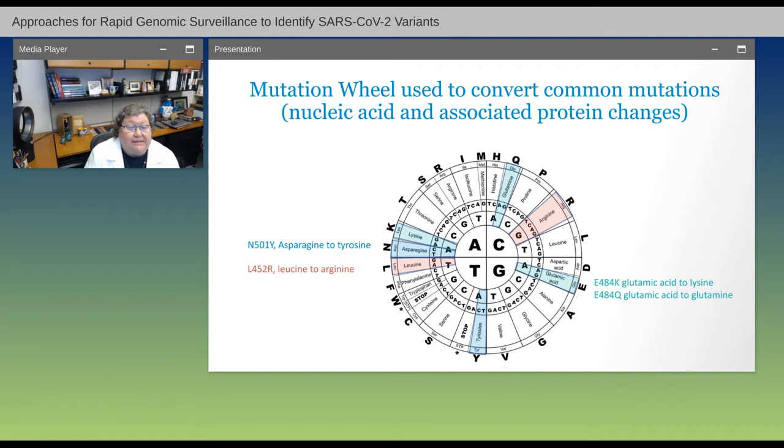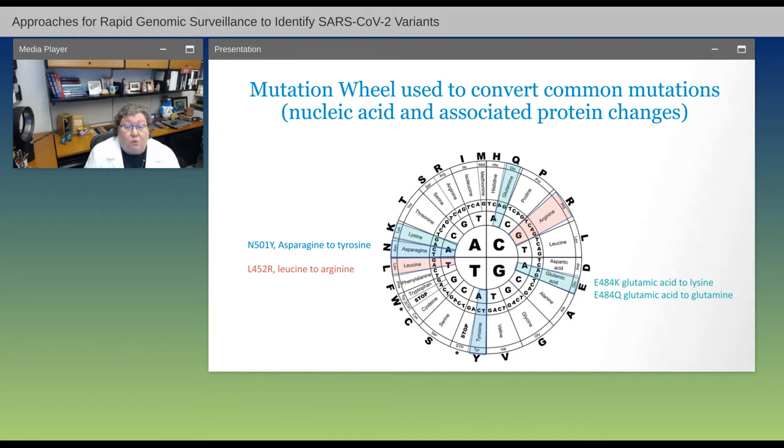So in this case, L452R would recognize the genetic change here in the center that causes leucine to become arginine. The N501Y, which is a common mutation, flips asparagine to tyrosine, and so forth.